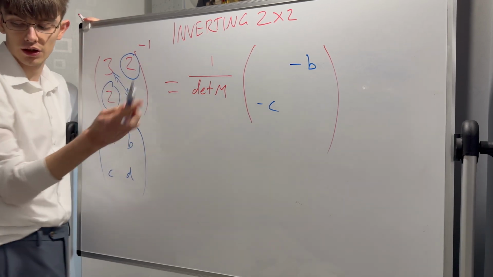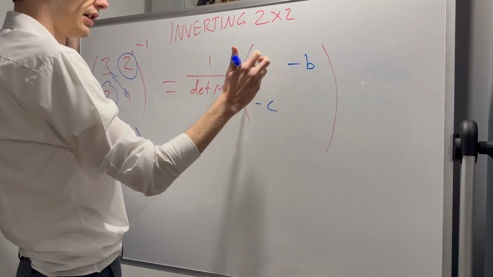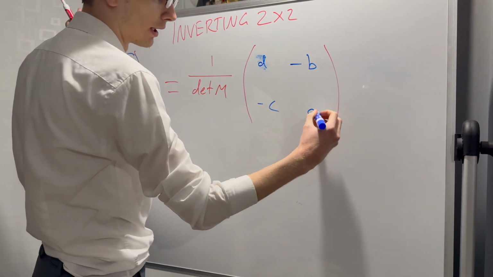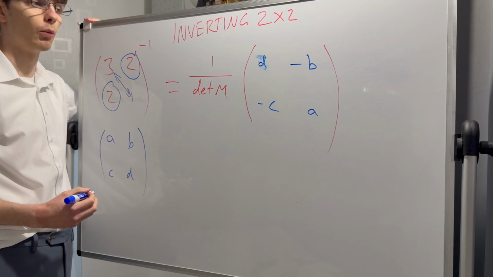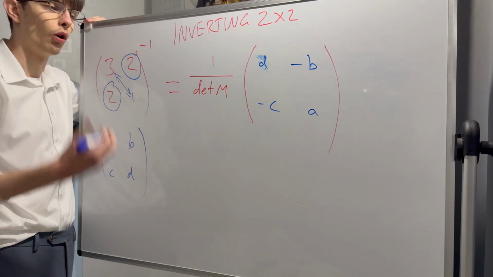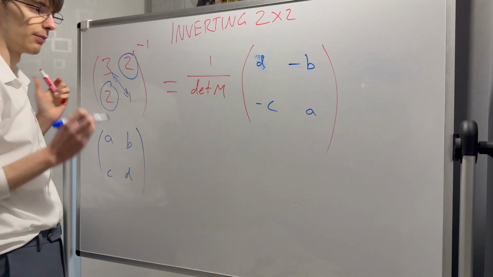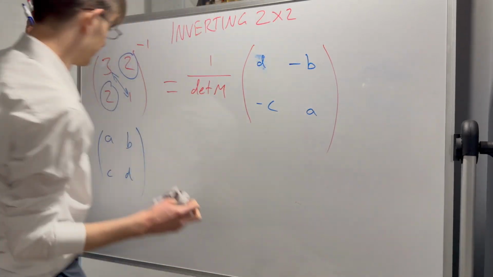So my top left becomes D, I'll just keep using letters for now, and the bottom right becomes A. This seems pretty counterintuitive. It does seem a bit weird, but you will soon see why this is the case. And when we flip all this and multiply it by 1 divided by the determinant, we get our inverse.